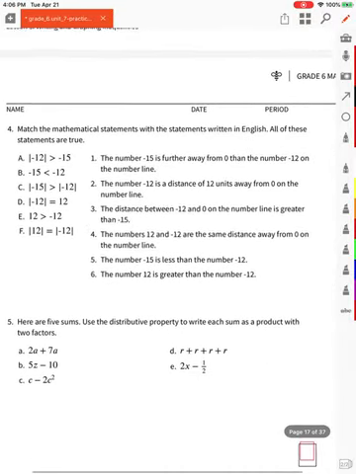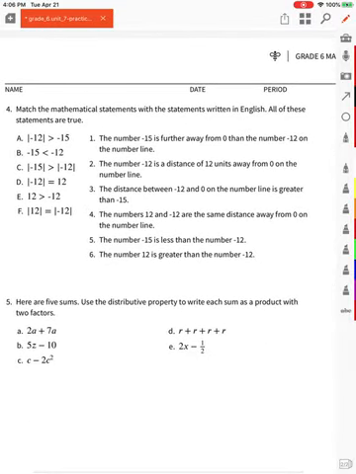All right, number 4. Match the mathematical statements with the statements written in English. All of these statements are true. The number negative 15 is further away from 0 than the number negative 12 on the number line. So that is going to be, the other one, negative 12 is greater than negative 15.